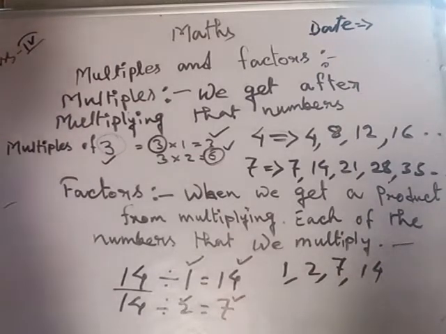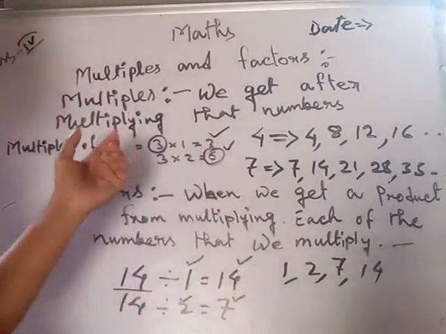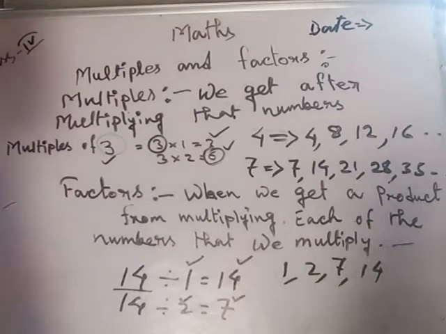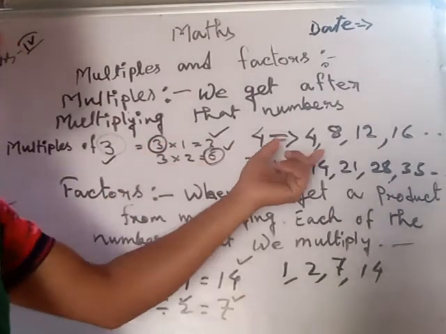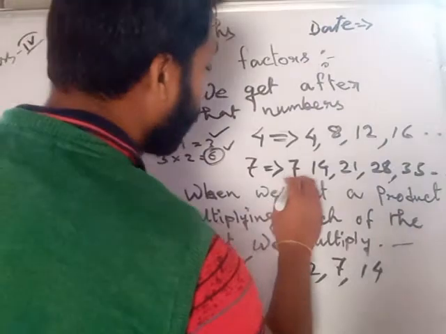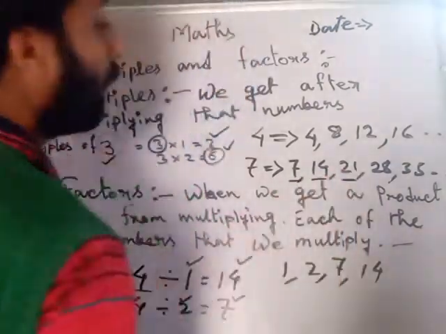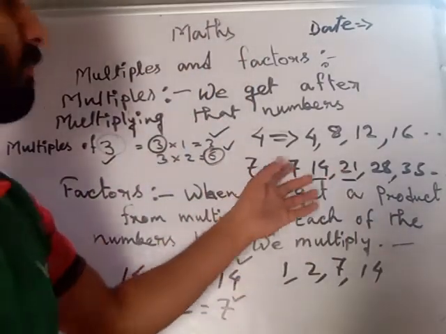Suppose I ask you, tell me the first three multiples of 7. That means 7, 14, 21.